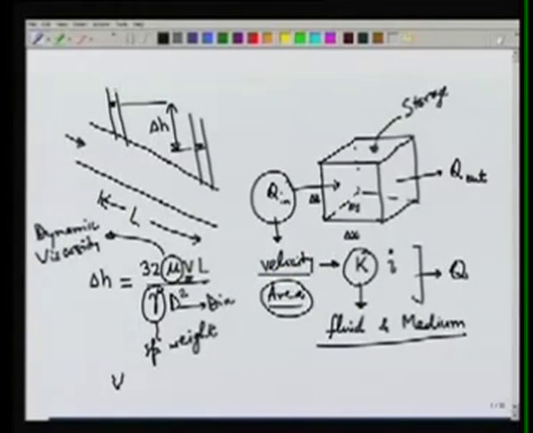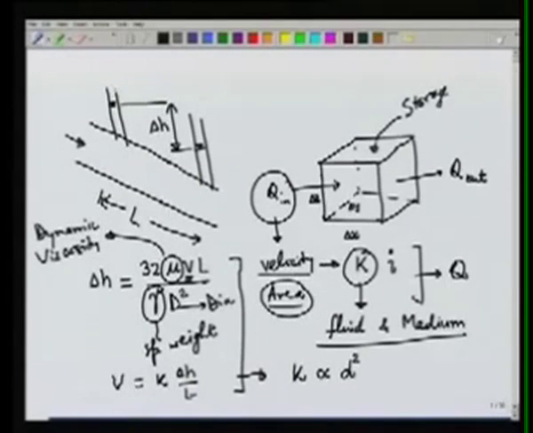So in the porous media, the equation which we have is the Darcy law, which says that V is equal to K delta H over L. If we compare these equations, the K will come out to be dependent on the medium property, the diameter of the particle, and it will also depend on the fluid property, the specific weight and the dynamic viscosity, as gamma over mu.